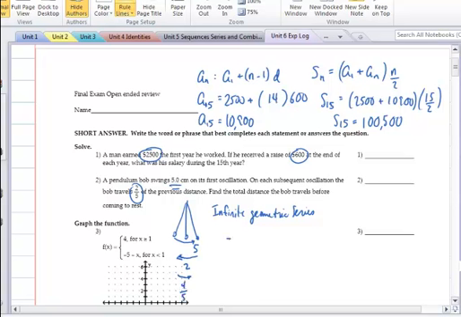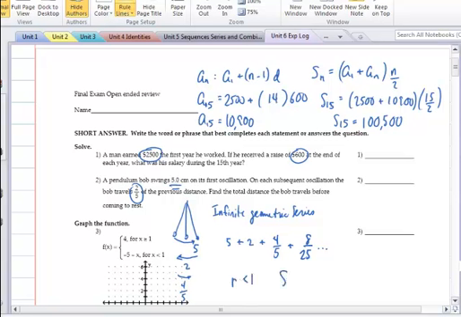So the sequence of numbers we're going to be adding up will be 5 plus 2 plus 4/5, plus 8/25, and so on.